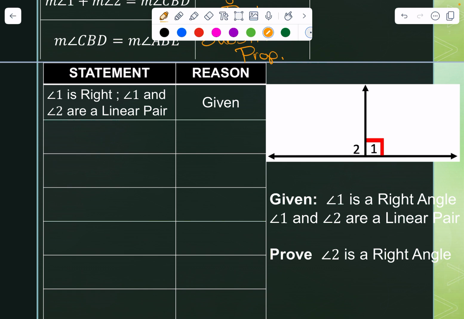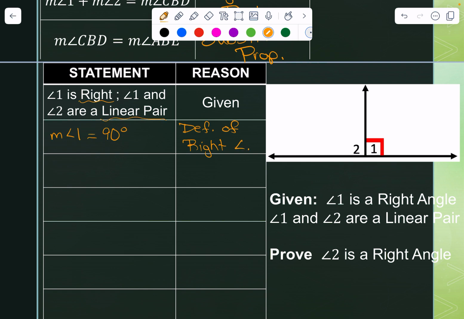Okay, and our last one here. If I tell you that angle 1 is right and angle 1 and angle 2 are a linear pair, I want to prove that angle 2 is a right angle as well. So here's what I know. By the definition of a right angle, then I know that the measure of angle 1 is equal to 90 degrees.